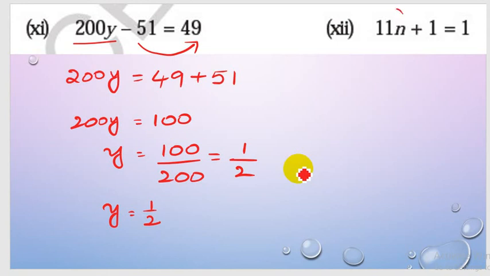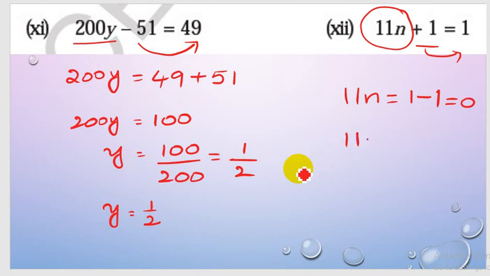Next, coming to the next question. Here the variable is 11n. So the variable is n, and we can't transpose this particular term. So first of all we need to transpose this 1 to the other side. Then what am I going to have? 11n is equal to, already 1 is present on the right hand side. This plus 1 will be transposed as minus 1. So 1 minus 1 is 0.